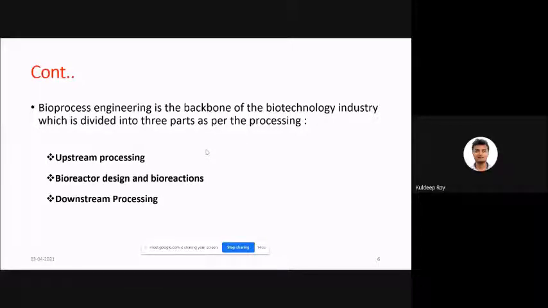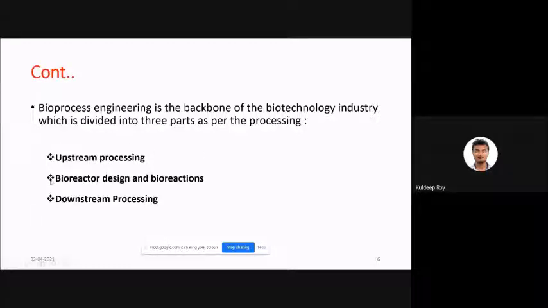If you want to make some kind of changes to the cell, then you have to do genetic engineering. And growth kinetic optimization, which is aimed to enhance the production and cell growth. This comes into the upstream processing.